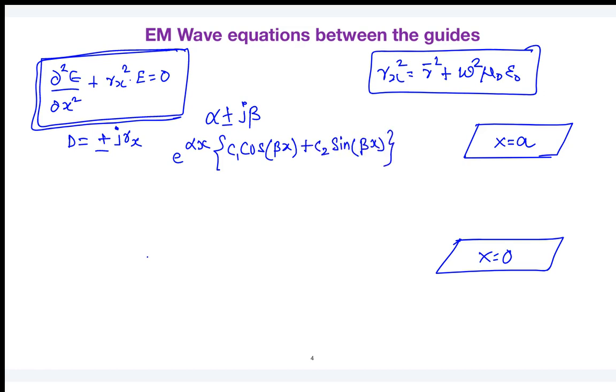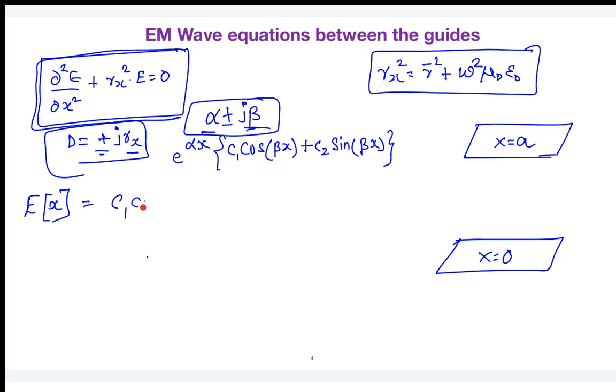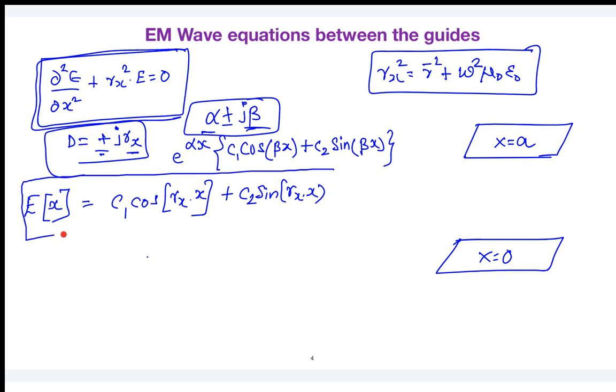By comparing, your alpha will be 0 here and your beta will be the same as γx. So the electric field variation in the x direction can be given by C1 cos γx x plus C2 sin γx x.